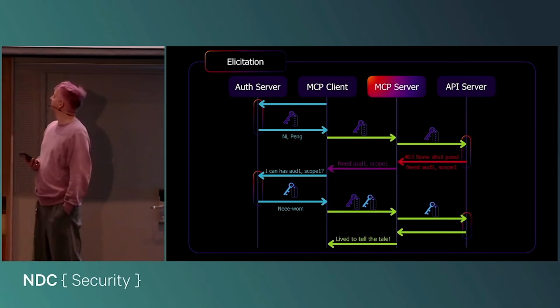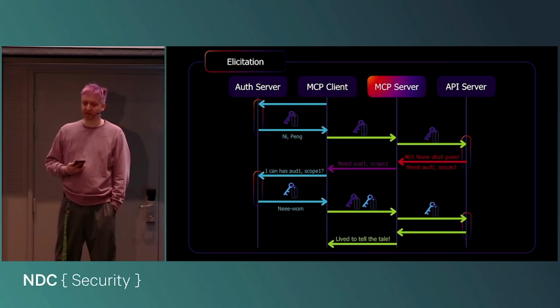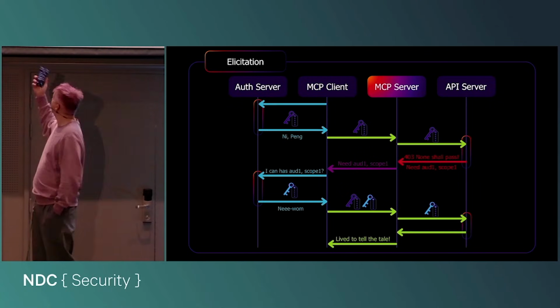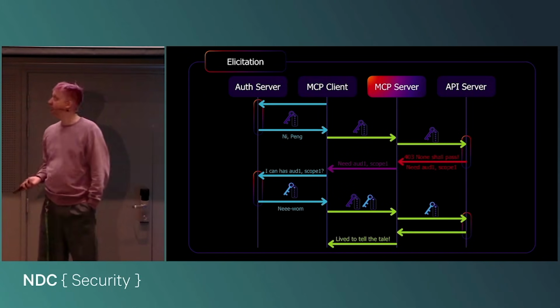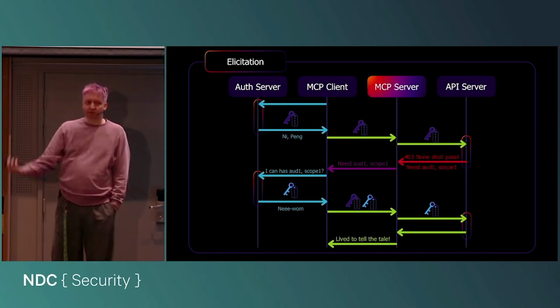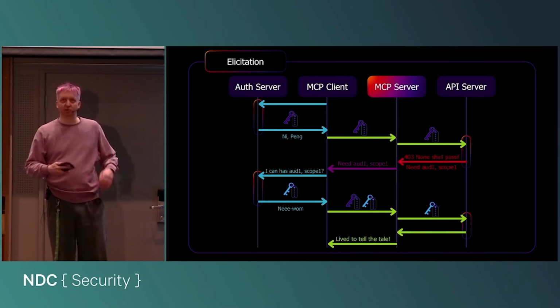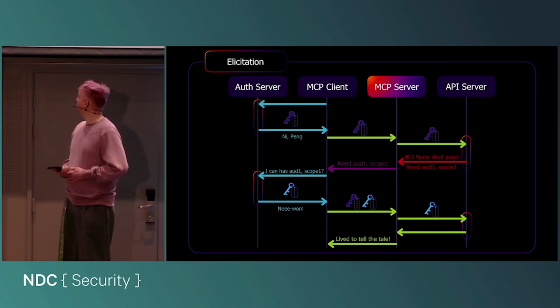So how can we solve this? Another way to do this is to use some kind of elicitation. So we start out in the same way. We get our token, send that to the MCP server. Then the MCP server tries to do something on the back end, but your token is only valid to talk to the MCP server, not actually doing anything.